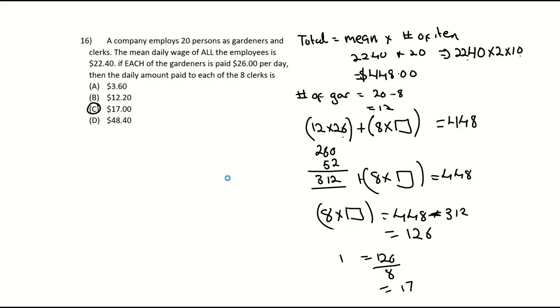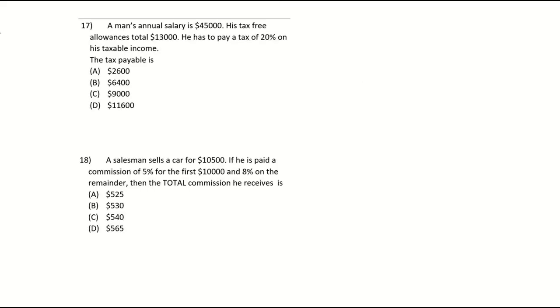Okay, number 17. Right, number 17, let's read the question. Number 17 says a man's annual salary is $45,000. His tax-free allowance is $13,000. He has to pay a tax of 20% on his taxable income. His tax payable is, first off, we want to know how much we are being taxed on.